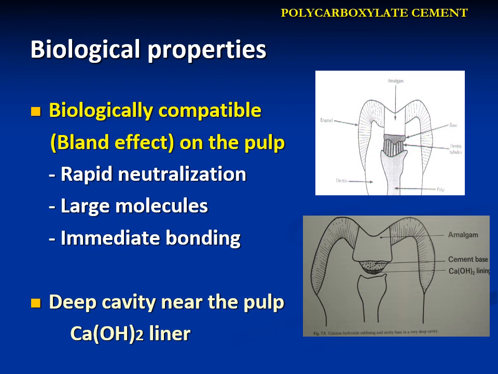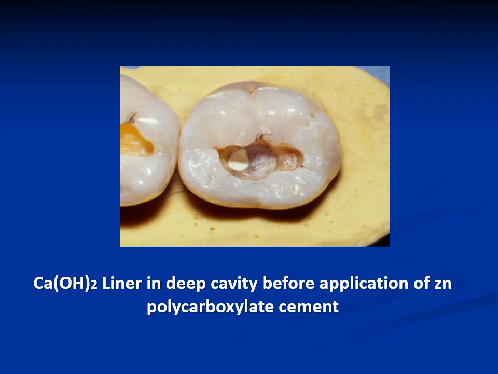But if we have a cavity very near to the dental pulp, meaning only microns of dentine are present between the base of the cavity and the dental pulp, we have to use a protective layer or a liner of other materials like calcium hydroxide to protect the pulp from irritation, because in this situation we consider it as direct contact between the cement and the pulp, because the dentinal tubule is very thin and the cement is almost contacting the pulp directly.